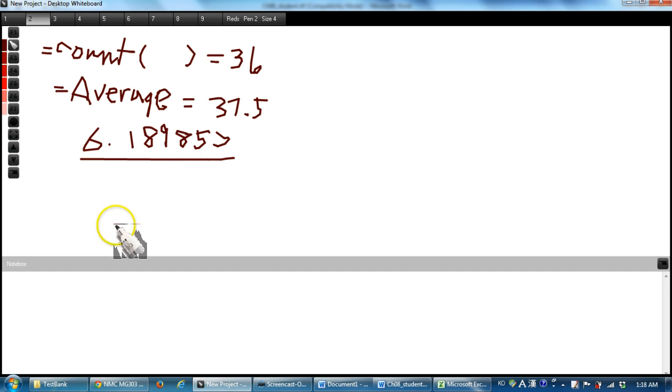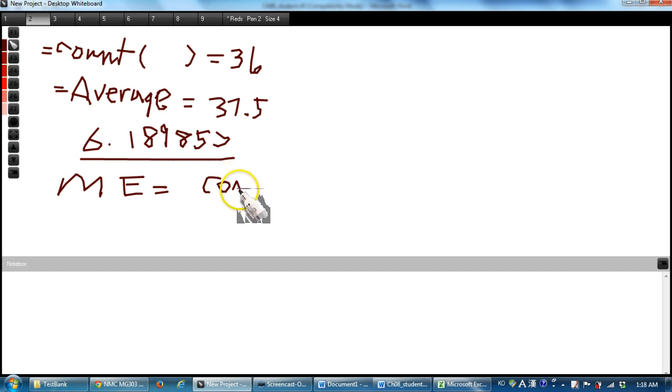You can get the margin of error by using the Excel function called confidence norm.